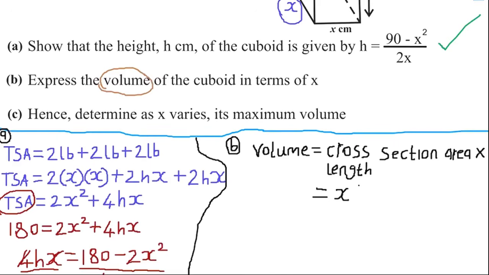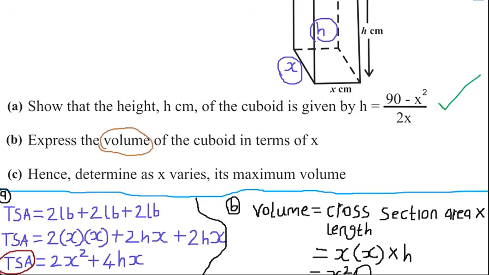So the square base of the cuboid is found by using the formula L times L, and L times L we're going to replace with x times x, and then the length we denoted as h. When you do the simplification, you're going to have x squared h. So volume, according to this question, is equal to x squared h.